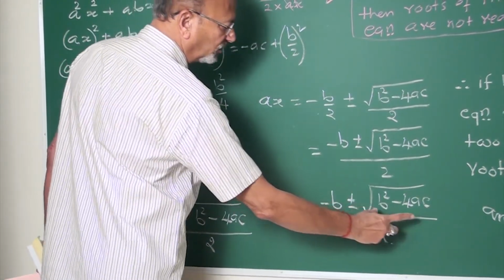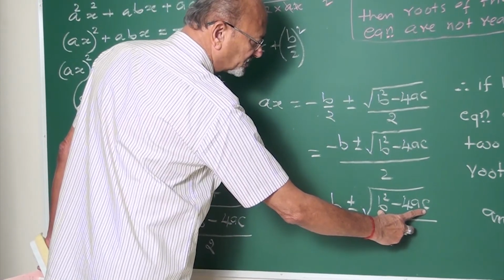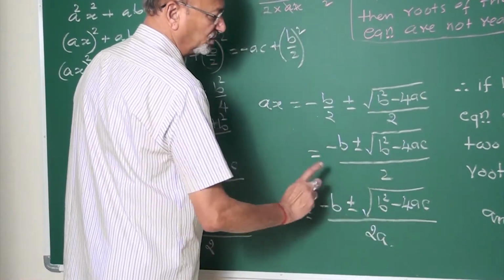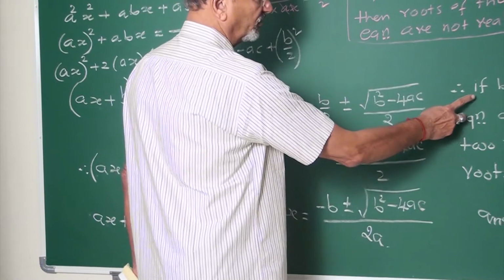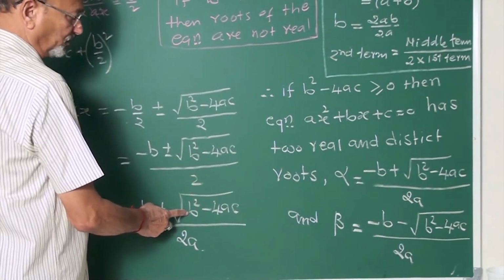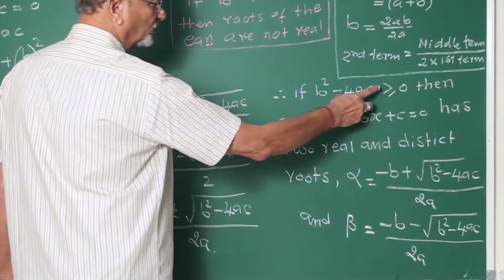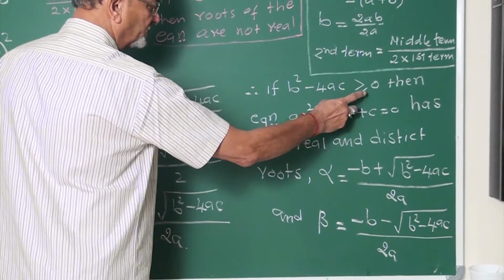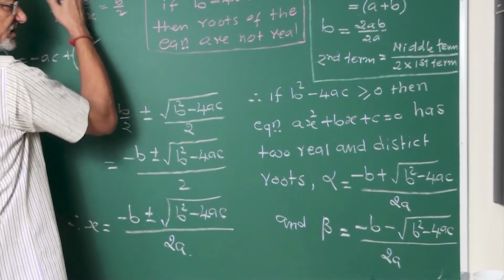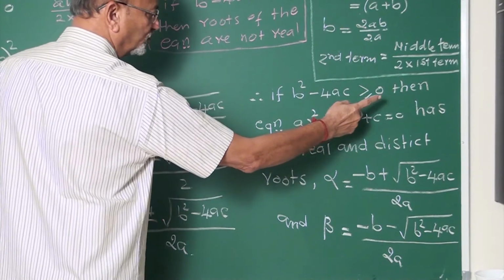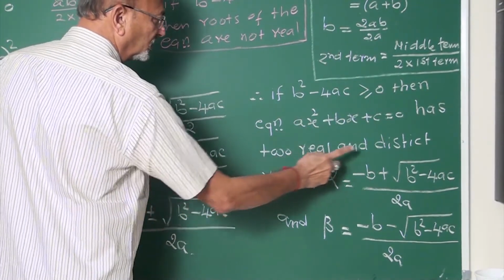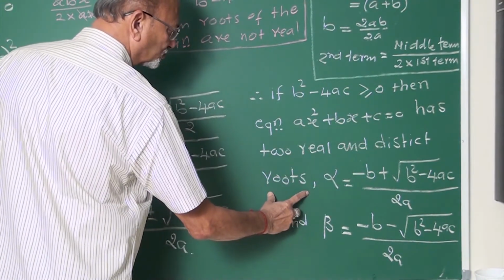This is real only when the expression inside the square root is positive. Therefore, I have written here, if B square minus 4AC is either positive or equal to 0, then the given equation AX square plus BX plus C equals 0 has 2 real and distinct roots.